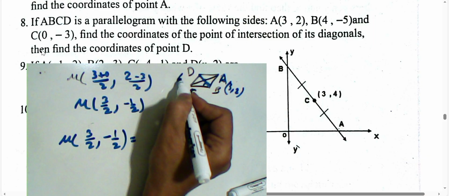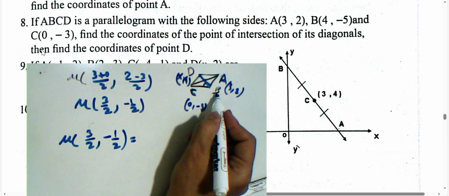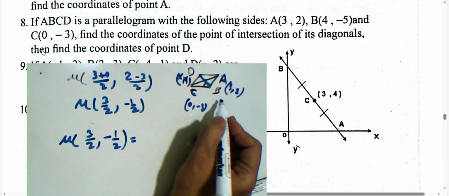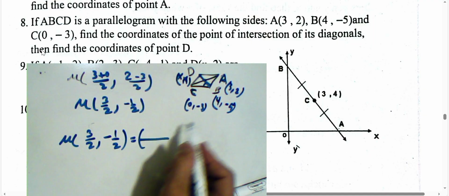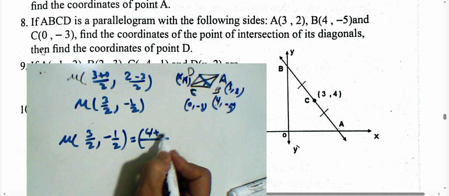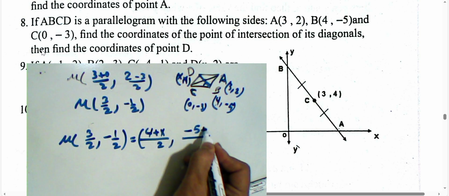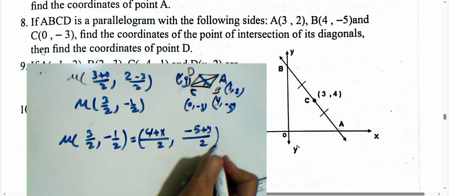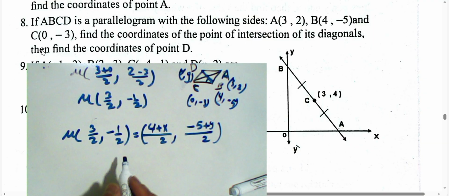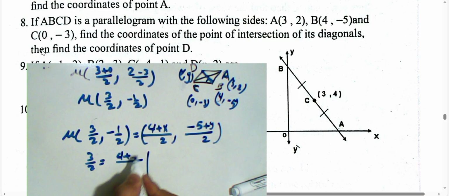I will put D as (x, y). Okay, put the order here, D is (x, y), and B was (4, -5). We can write (4 plus x) over 2, and also (negative 5 plus y) divided by 2. Then the first here, 3 over 2, is equivalent to (4 plus x) over 2.